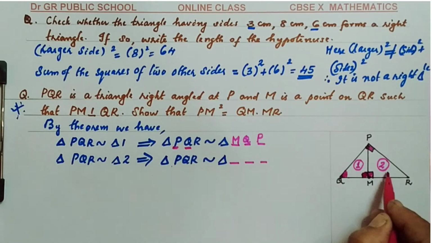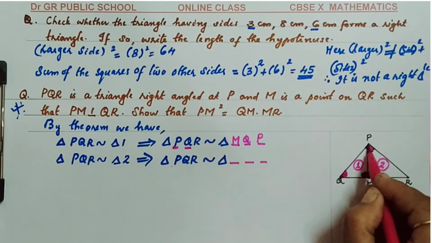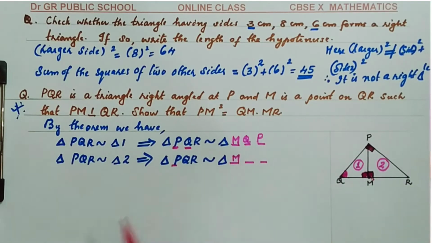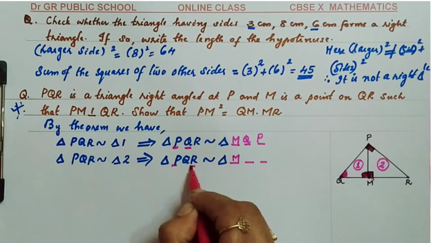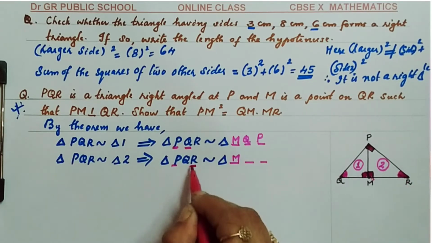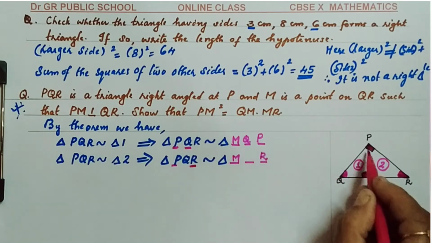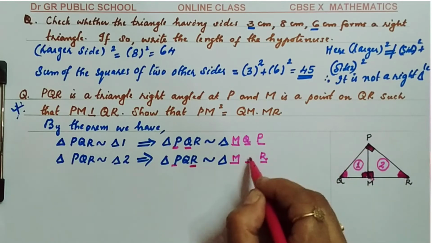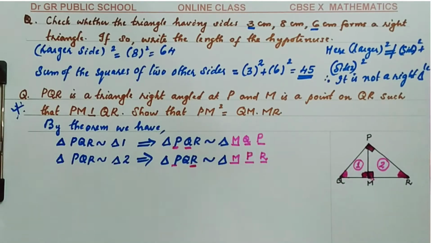In the triangle, M is 90 degrees and in the larger triangle P is 90 degrees. So, P corresponds to M. Then the last letter R. For the larger triangle as well as triangle 2, R is the common angle. So, R equals R, so R corresponds to R. Now, the remaining letter in the right side triangle, triangle 2, is MRP or MPR is the order.